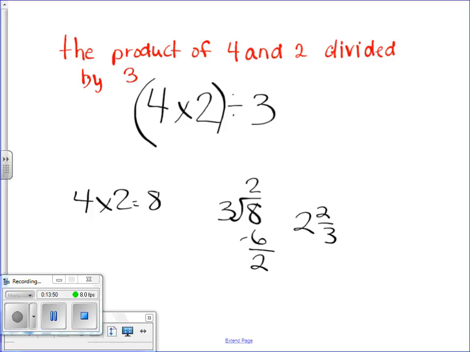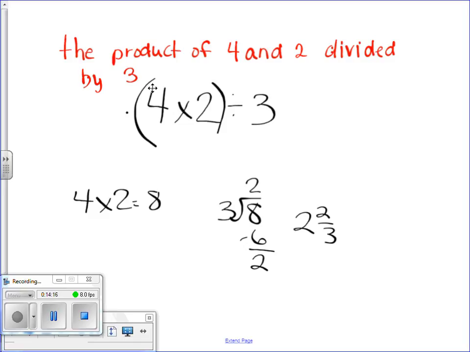I mean, you can say, but I got this written over here. You're not going to see this. If it's a multiple choice test, you're going to see that, because it has to be in the entire expression. It has to be written, the product of 4 and 2 divided by 3.